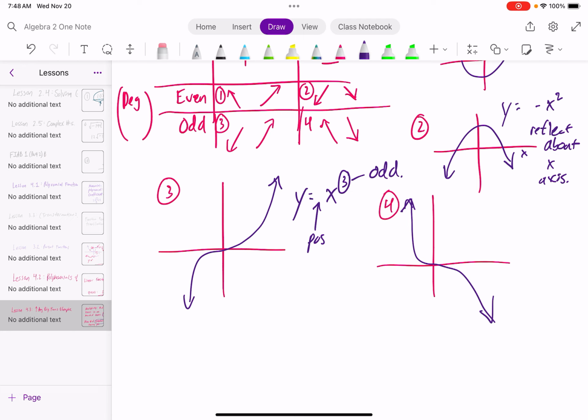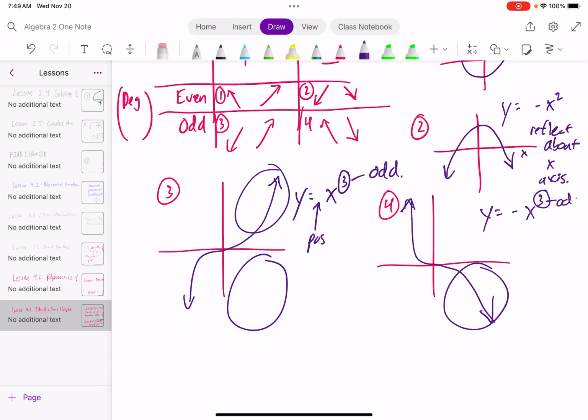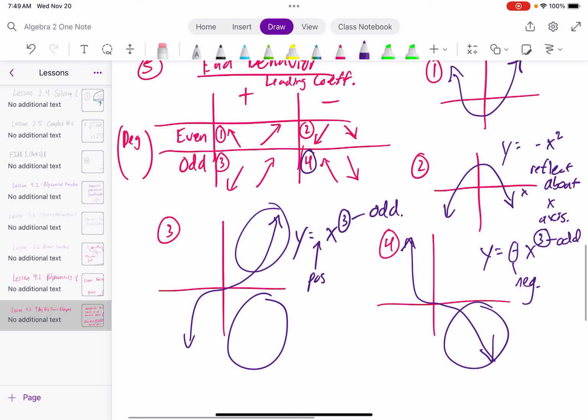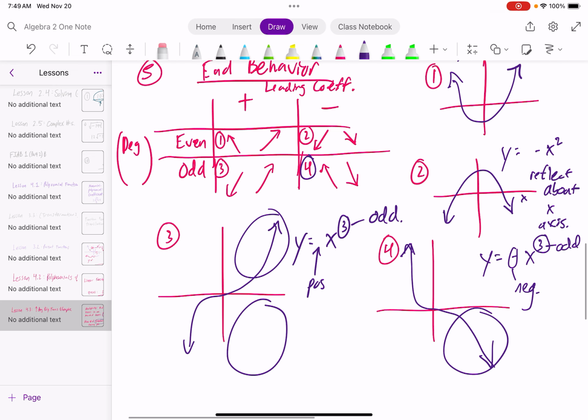Basically you just added a negative sign, so whatever was on top is now going to be on bottom. And as you can see, there it is. So this is y is negative x cubed. This is odd, and this is negative. That fulfills case 4. All right, so you can tell a lot about a function just by its end behavior.